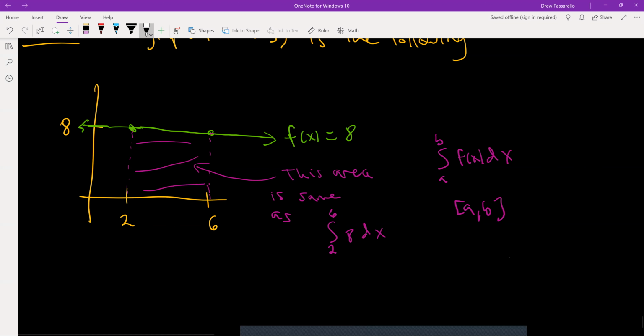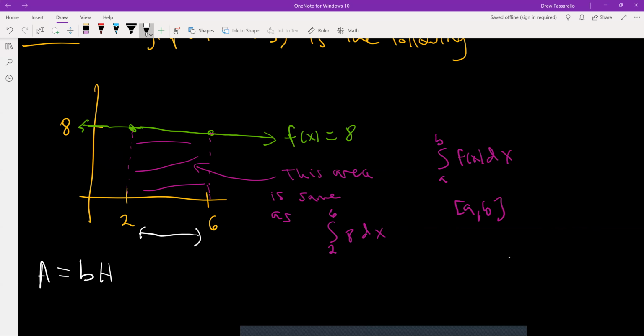So you could use a regular formula that we already know. I wanted to do a simple example, but we will still use the limit definition to get the same answer, because the limit definition can be applied to any continuous function. This is just an easy one where we know that purple shaded region is a rectangle. The area of a rectangle is base times height.